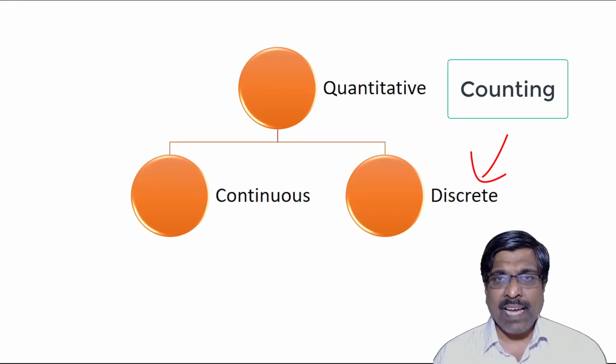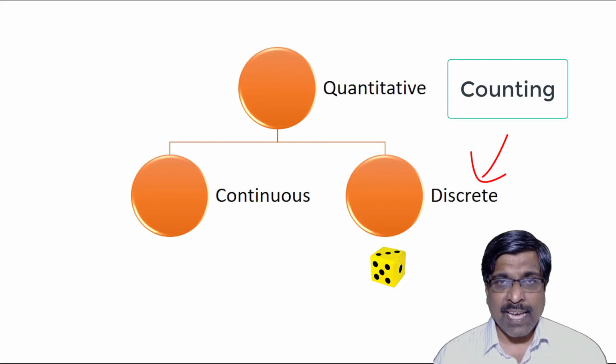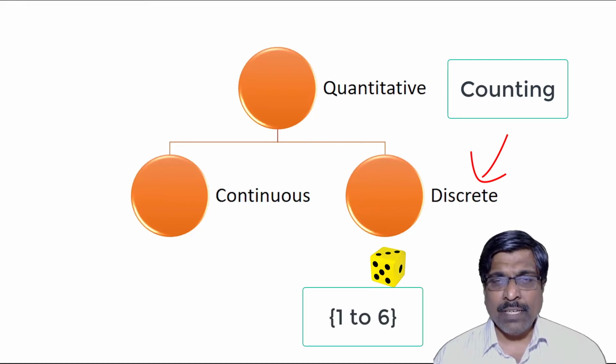One simple example of discrete data is a dice. We all have seen a six-sided dice or a six-faced dice. We roll the dice and you get a number. So whatever number you get is basically a number between 1 and 6. Either you get 1, 2, 4 or any number between 1 and 6.